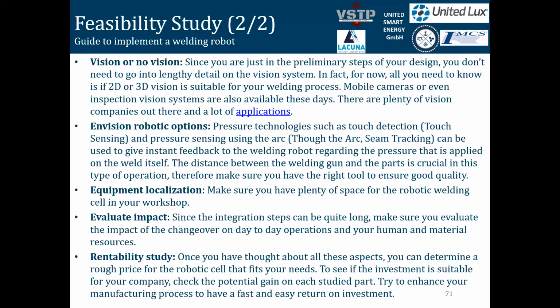What is the other equipment that you have in your workshop? Then what is the impact? What is the benefit of it? So you need as well a profitability study so that you know, does it make sense to use a welding robot or not?